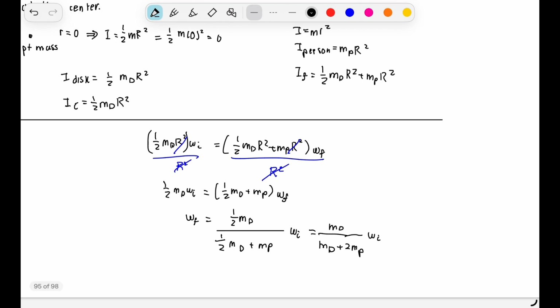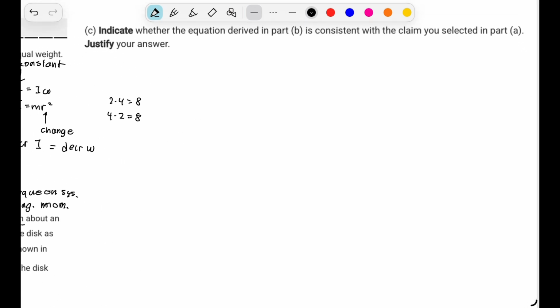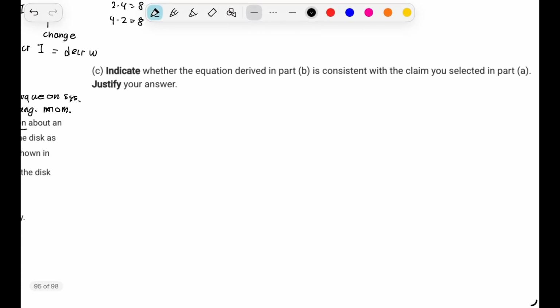So we can talk about our part C now. Indicate whether the equation derived in part B is consistent with the claim you selected in part A and justify your answer. So our equation was omega f is equal to 1/2 md divided by 1/2 md plus mp, times omega initial.